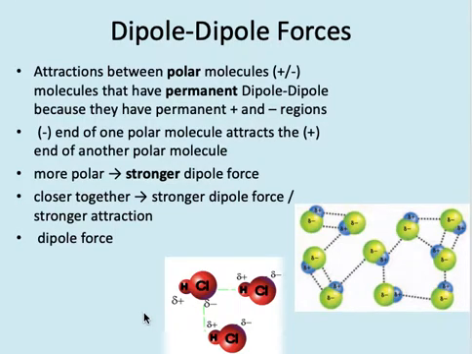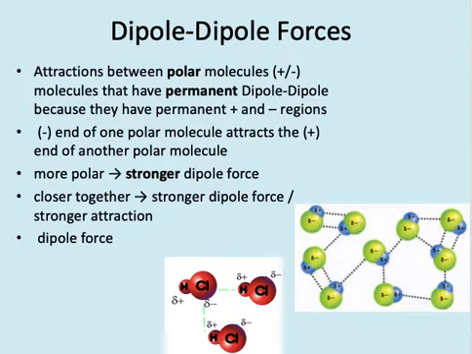And the more polar, meaning the more difference between this positive and this negative in electronegativity, the stronger we say that dipole force is, because think about having like more magnets, more positives and more negatives to be attracted to each other. And the closer they are together, meaning in space, right, the stronger the dipole force they will have, or the stronger attraction that they will have to each other.